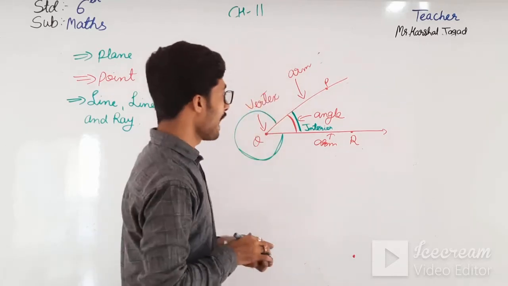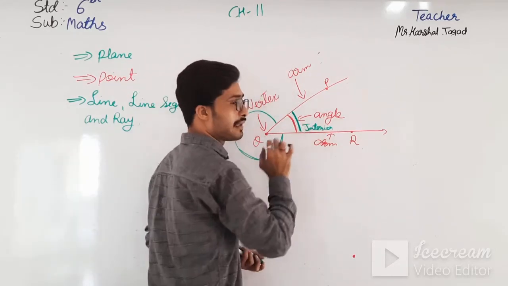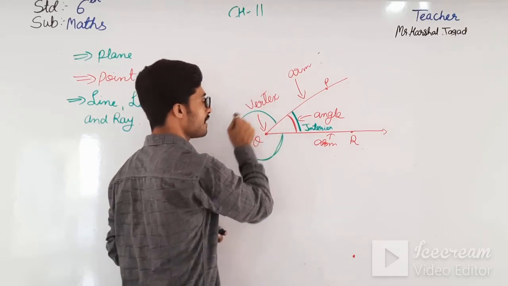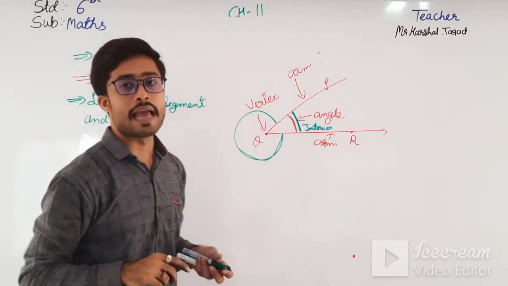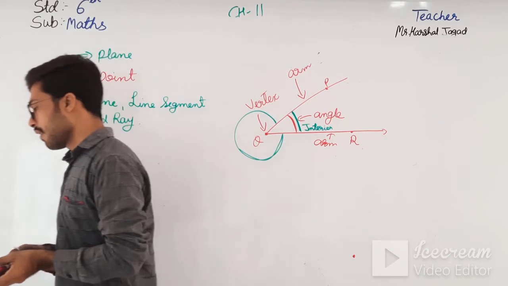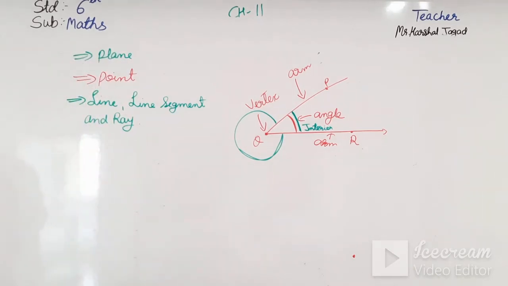Okay, the angle which is inside is known as interior, and which is on the outside is known as exterior angle.